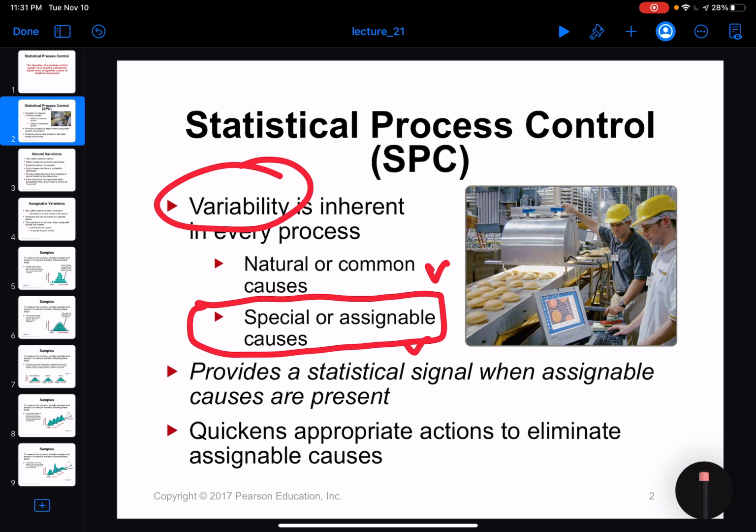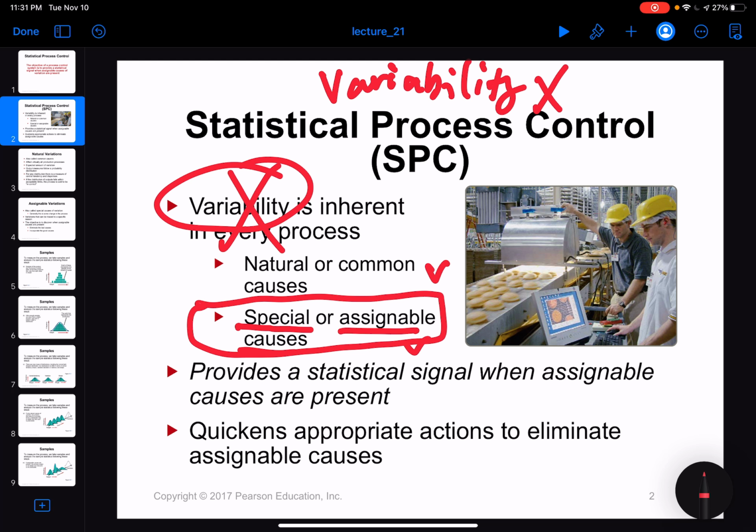But if something is a special and assignable cause of the variability, we're going to control it. The basic idea is we hate variability. We just don't like variability. If there were no variability, lots of things would be greatly simplified, and we would save lots of trouble. But variability is everywhere.